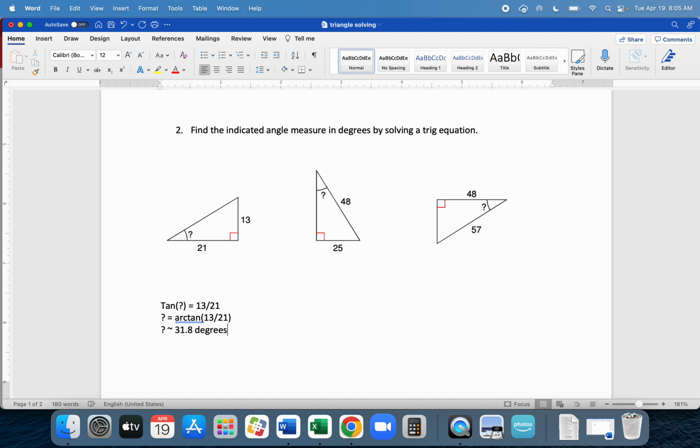So I've got a radius of 57, an x distance of 48. So I've got the ingredients for a cosine function, adjacent and hypotenuse, or x and r. So cosine of our mystery angle, 48 over 57.